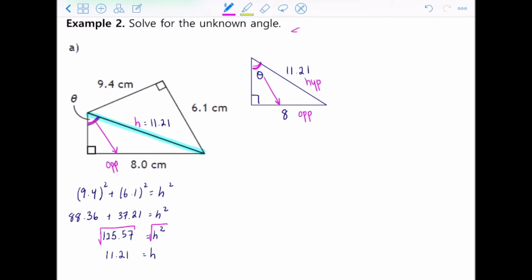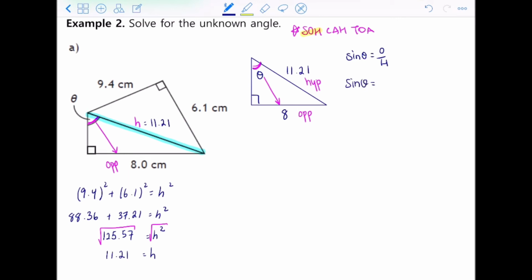All right, so using SOHCAHTOA, we double check which ratio we need to use. We need to use O and H. So therefore we have O and H, sine. So sine theta equals opposite over hypotenuse.